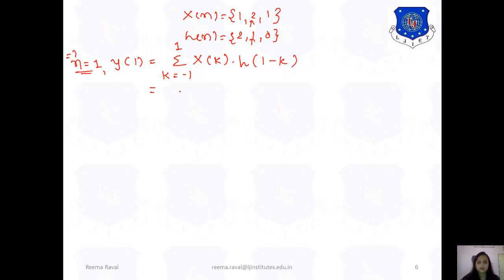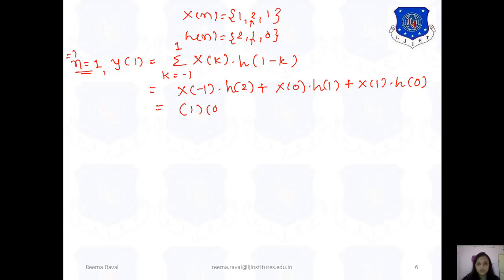Okay. So first x of minus 1 into h of 1 minus minus 1, that is 1 plus 1 is 2, plus x of 0 into h of 1 minus 0, that is h of 1, plus x of 1 into h of 1 minus 1, that is h of 0. Okay. x of minus 1. X of minus 1 is what? 1. H of 2.